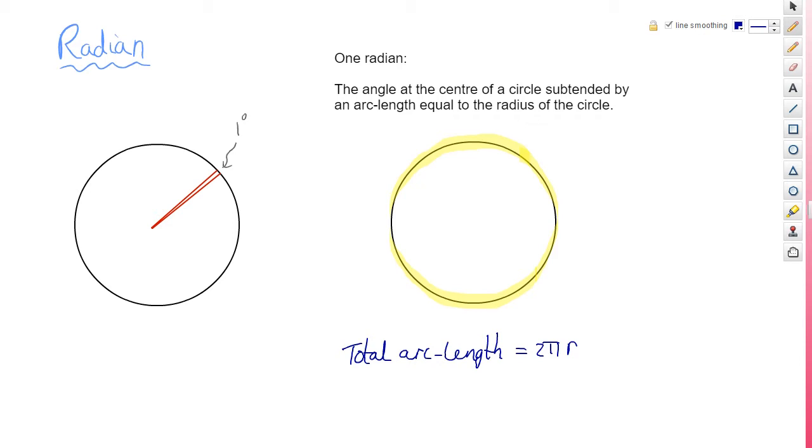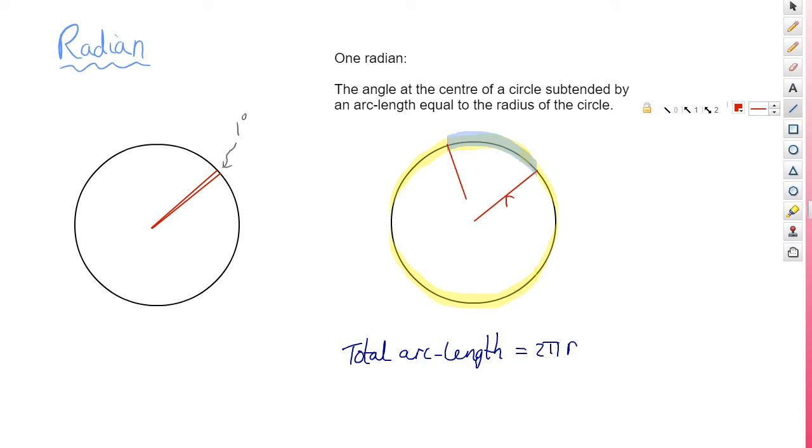But we just want a smaller arc length than that. We want an arc length just equal to the radius of the circle. So let's draw the radius back on, there it is, and label that r. And so let's just start from where that radius is and just go a distance r. Well, that's probably to about there.